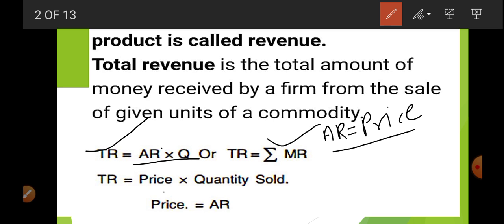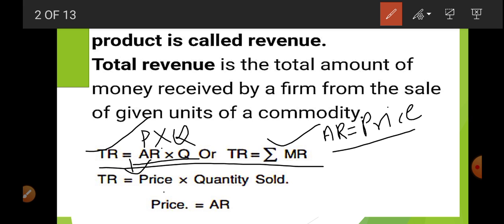So that is why we can write this equation in this way also: price multiply quantity sold. Okay, so this is the equation we use, that is, we can write P multiply Q also. Okay, so these are the equations.